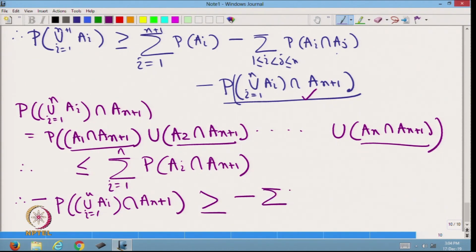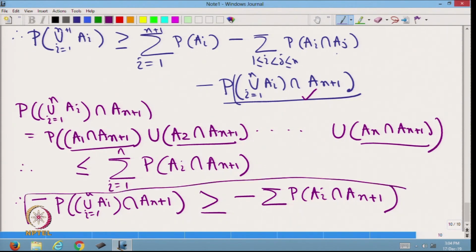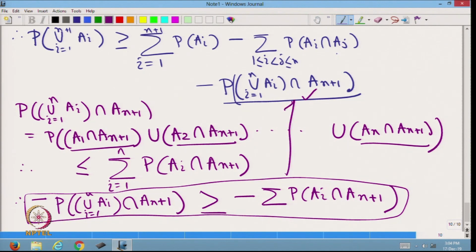This is greater than or equal to minus sigma probability of Ai intersected with A(n+1). Now, therefore, this whole thing, if I now consider this and I plug it in here, we get that the inequality is still satisfied because this part is greater than or equal to this.